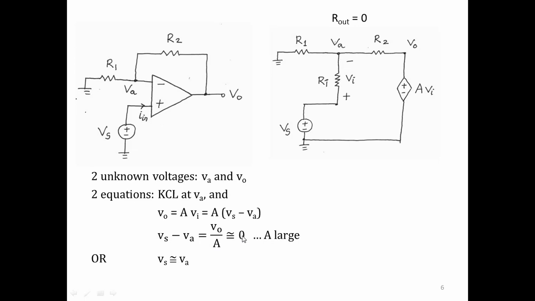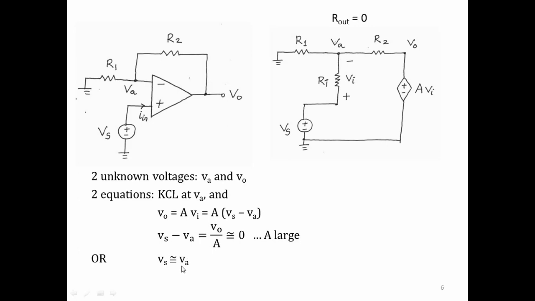That is such a small voltage that it is okay to say that this voltage is basically 0. Suppose Vs is 1 volt, then Va will be different from Vs by 0.1 millivolt, so Va would be, let us say, 1.0001. We don't care about that 0.0001, and these two are approximately equal.